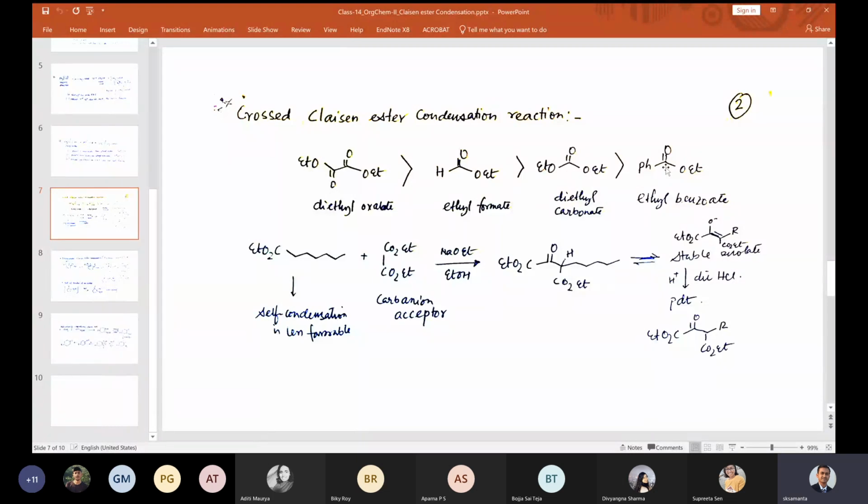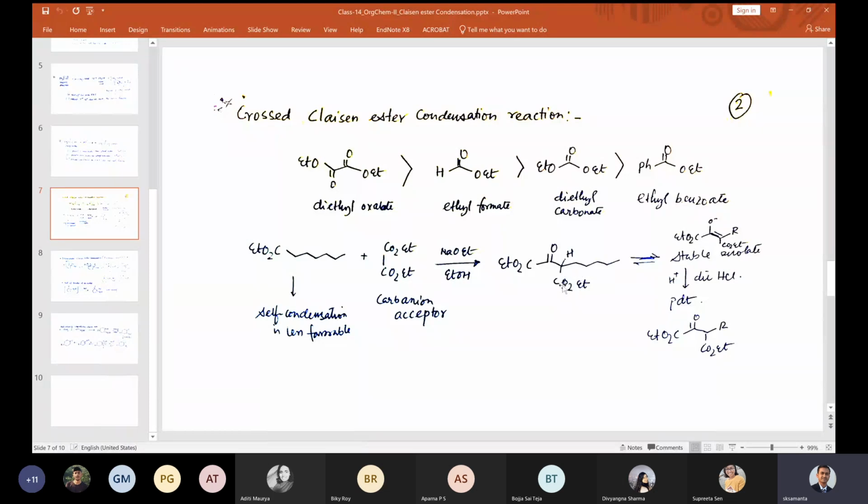Okay. Now, if we take, let's say, this kind of long chain ester, okay, then if we add base, again I said the same OEt minus we have to take. Generally, we take it in the same way. So this OEt minus will take up a proton from here, and if we have this diethyl oxalate that basically acts as a carbonyl acceptor, then this negative charge can attack this carbon, and then one OEt will be lost.